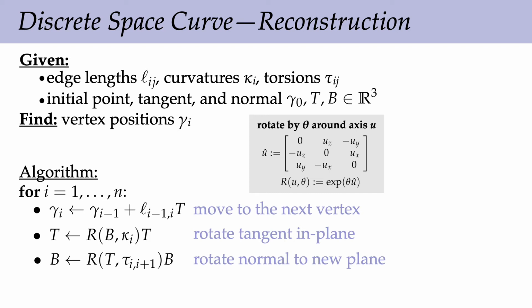I'm just giving this formula out of the blue. Actually, this is a very nice connection to a topic called Lie groups and Lie algebras, which is a really nice differential geometry way of thinking about rotations. But if you want to implement this, this is all you really need to know.